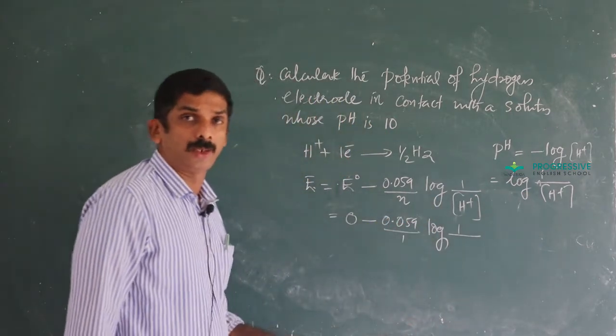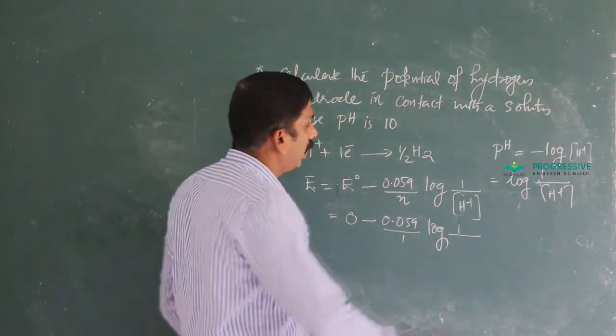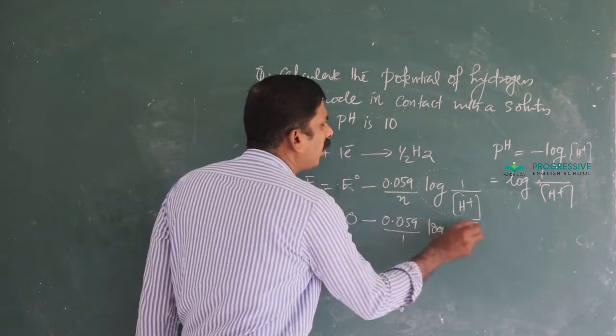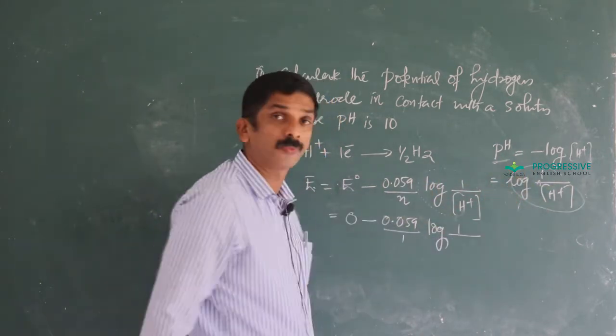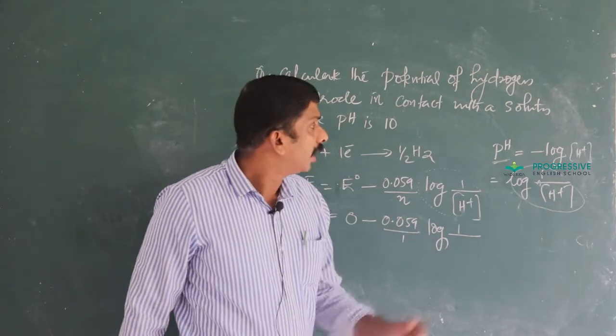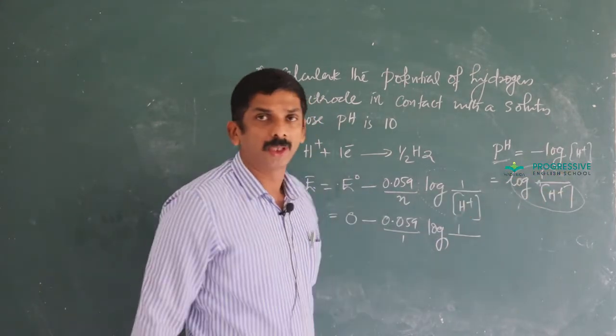You can calculate in two different ways, that is, log 1 by H+ is equal to pH. pH is negative log H+.